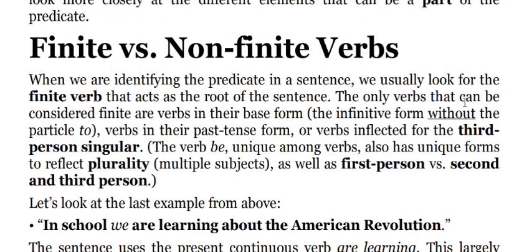The only verbs that can be considered finite are verbs in their base form, the infinitive form without the particle to, verbs in their past tense form, or verbs inflected for the third person singular. The verb be, unique among verbs, also has unique forms to reflect plurality, multiple subjects, as well as first person, second person, and third person.